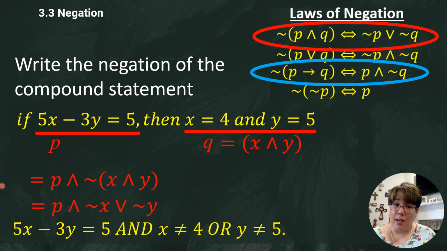Now I'm going to look and see, can I do anything else to this? Is there anything else I need to simplify? I don't think so. I think this is pretty simple. This is as far as I can go with it.